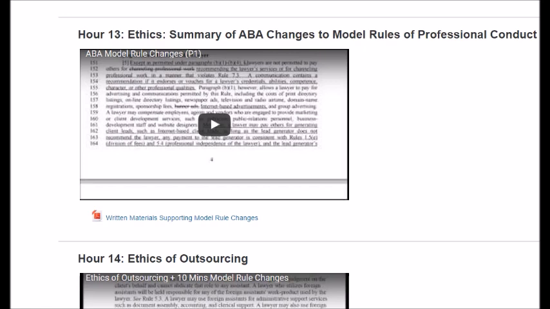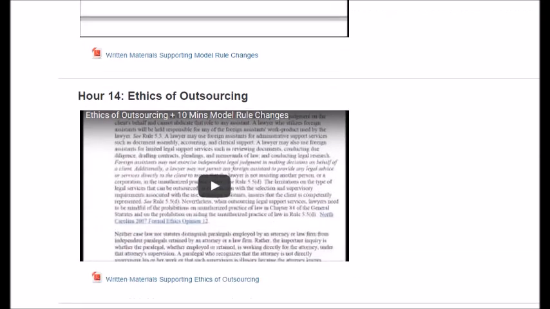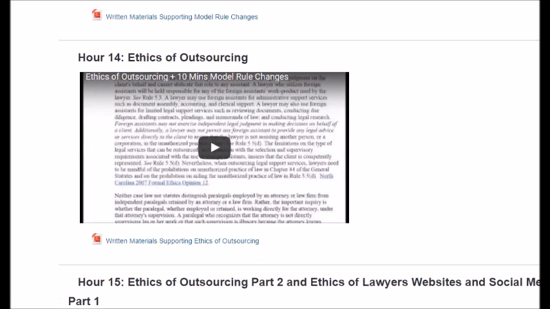And as I say, the last 3 hours of this course are on ethics. It depends on your state, but this is for Texas, and there's the ABA model rule changes, where they're located, what they mean, and there's ethics of outsourcing, which is something I know something about.